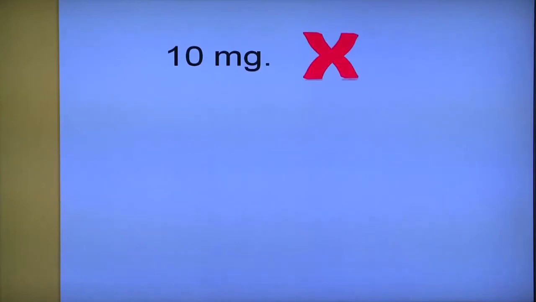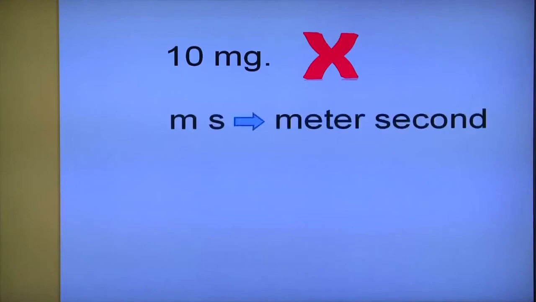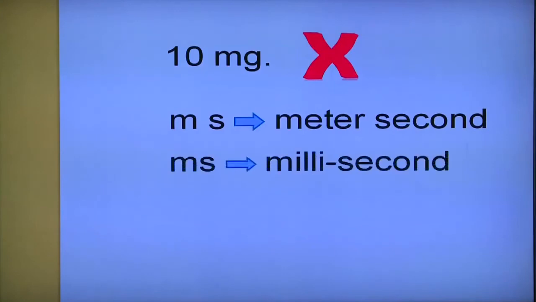In writing the SI unit obtained as a combination of units, a space is given between the symbols. Thus, m s represents meter second, while ms stands for millisecond. That is, if the units are written without leaving any space, the first letter may be taken as a prefix.